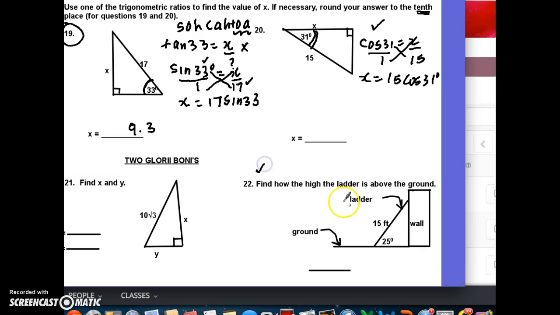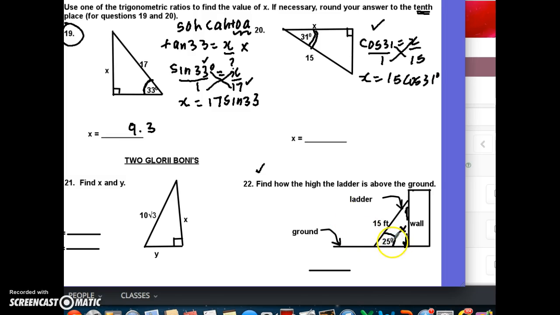It says find how high the ladder is above the ground. So this is what we want to find. This length here, I'm going to call x. We have this ladder, 15 feet, and it's above the ground by that much. So we look at this angle and this angle is 25.